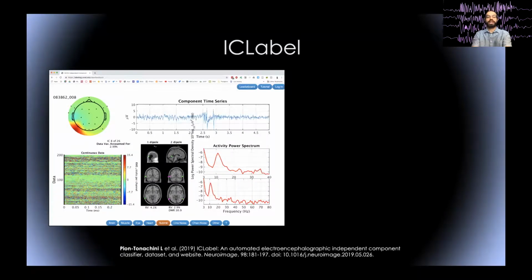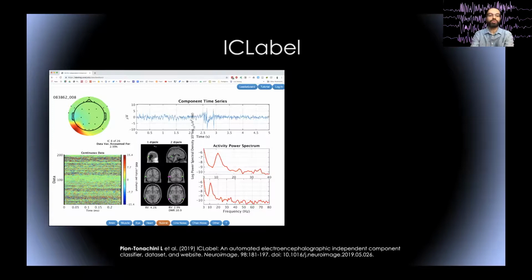And then I mentioned IC Label, so independent component analysis. We have lectures online about independent component analysis, so I assume you've heard about it. Basically, on raw EEG data you can run independent component analysis, and it's going to find independent contributors to the EEG data.